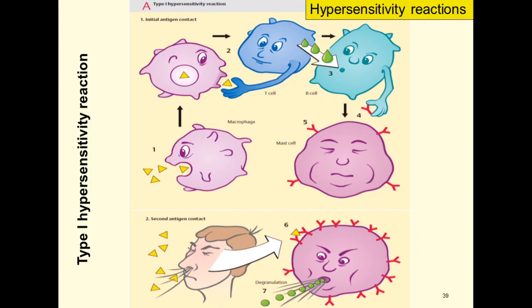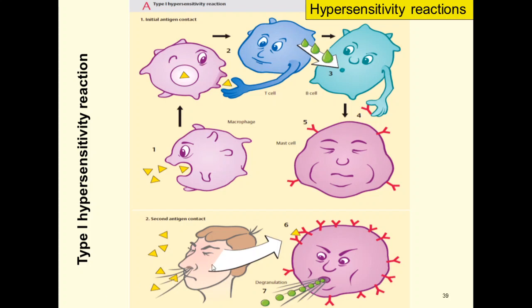So it is sleeping, and immunoglobulins E just bind with the surface. And when we have second antigen contact, so the patient smells, the patient feels the smell of the antigens.